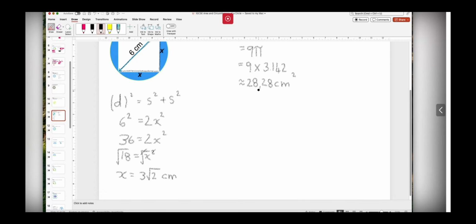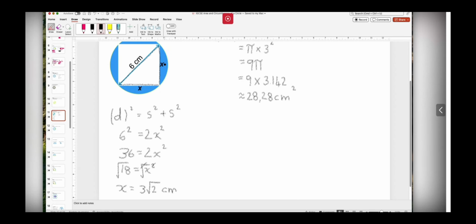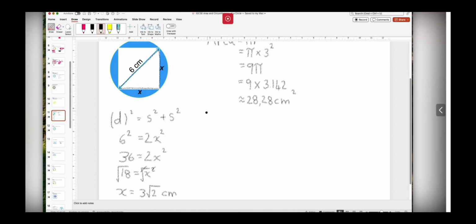Now, the area of the square is equal to the side length times itself. So it's going to be the square root of 18 times the square root of 18, and that is ultimately equal to 18. So the area of the square is equal to 18 squared centimeters.